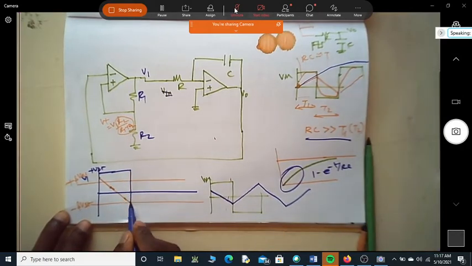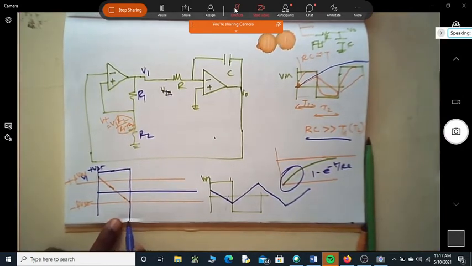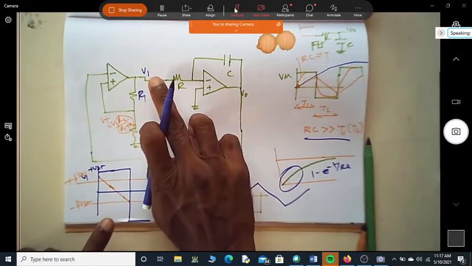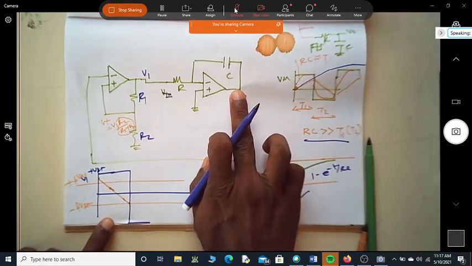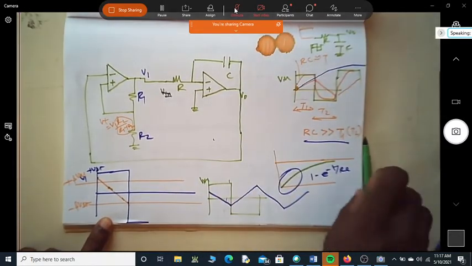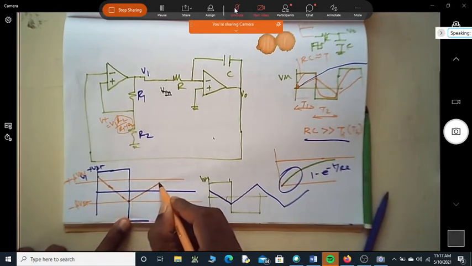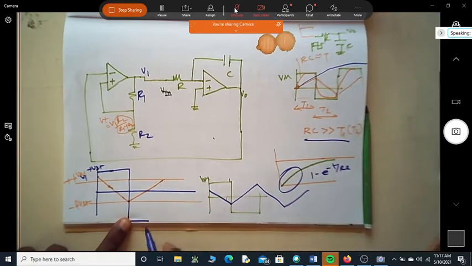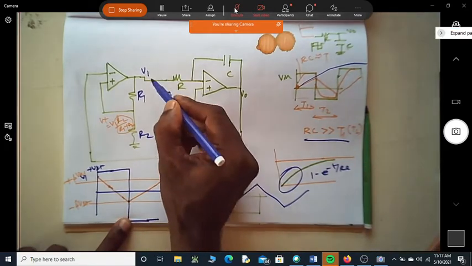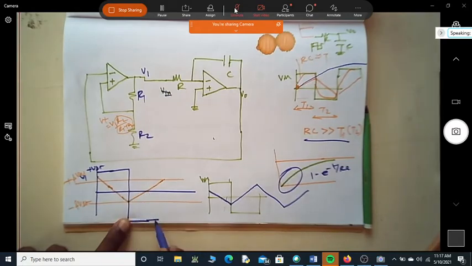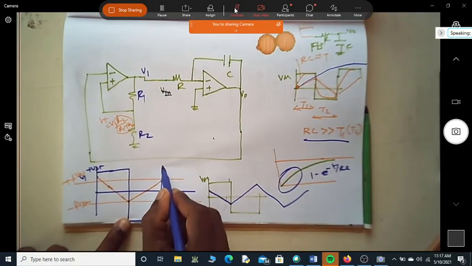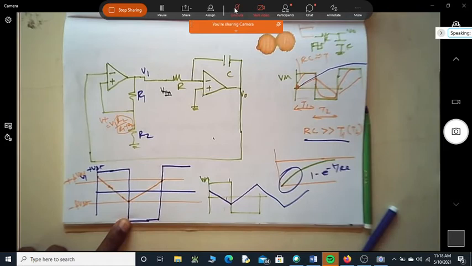It will come to minus Vsat. Correct? Now this is at minus Vsat. So as soon as this becomes minus Vsat, does the voltage here start charging towards positive? You can see now it is going up. Again, when it tries to cross plus beta Vsat, the output makes a transition. That is, V1 makes a transition from minus to plus. So does this continue?